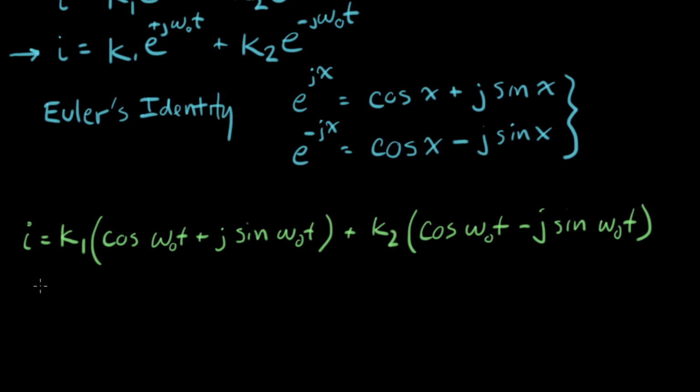So what I'm going to do is gather all the cosine terms together, and then I'll gather the sine terms together. Okay, so I equals cosine omega naught t, and cosine is multiplied by K1 plus K2.